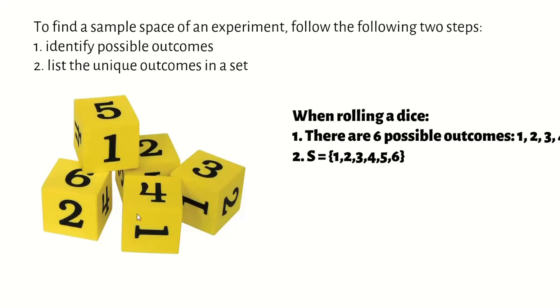If we roll it and see what number is displayed, it may be either 1 or 2 or 3 or 4 or 5 or 6. Then in this case, the sample space will be the set S formed by these 6 numbers: 1, 2, 3, 4, 5, and 6.